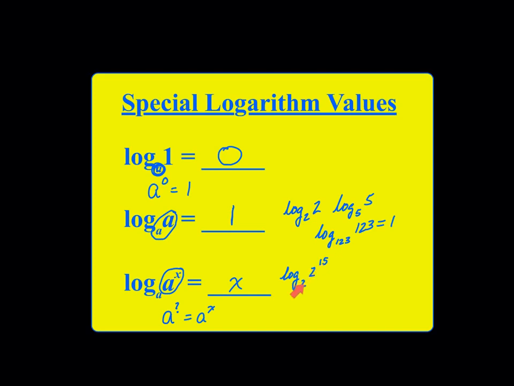As long as these two numbers right here are the same, our answer comes out to be simply the exponent. So this would equal 15. If you had log base 9 of 9 raised to the 7th power, that would equal 7. It's just equal to the exponent, as long as the base and this number are the same.